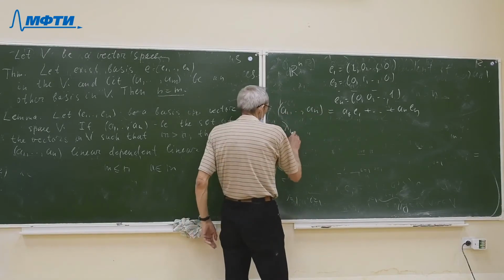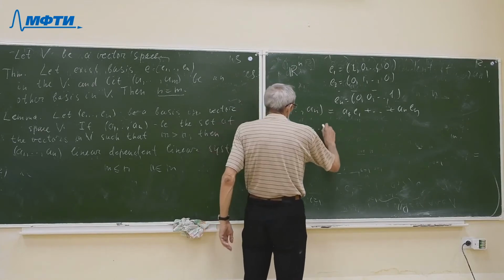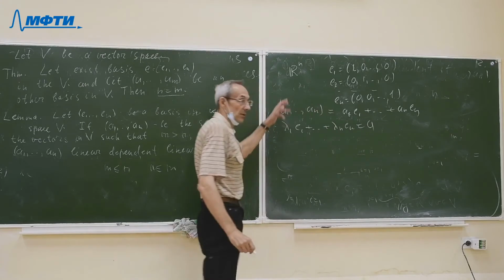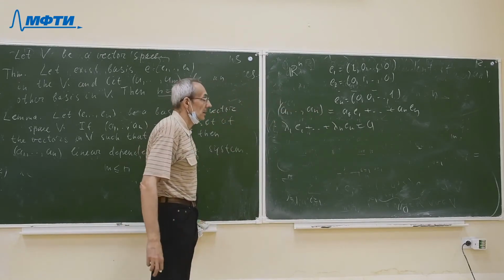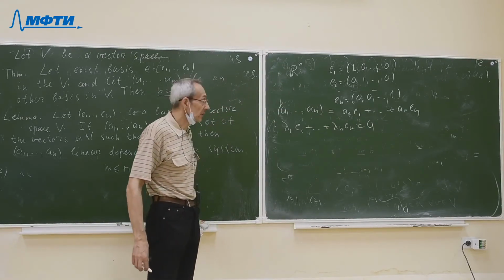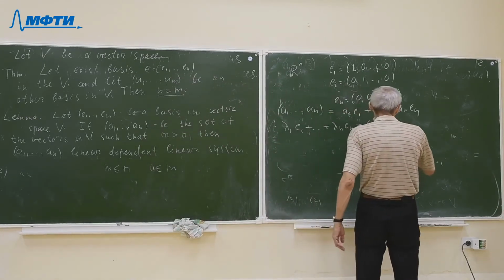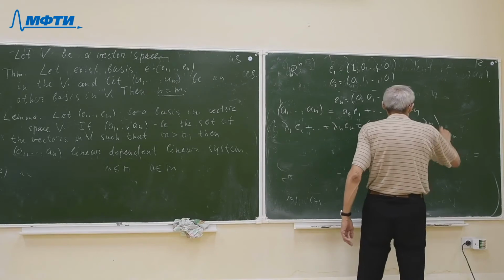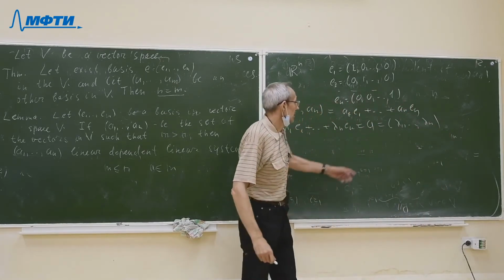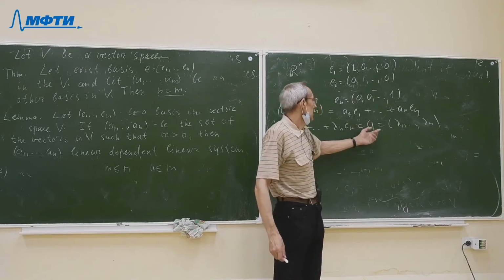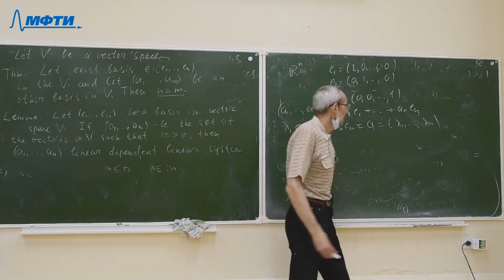If I consider a linear combination of these vectors and suppose that it is equal to 0, I obtain that the linear combination is exactly the n-tuple with elements lambda 1, lambda n. And what does it mean that this element is 0?